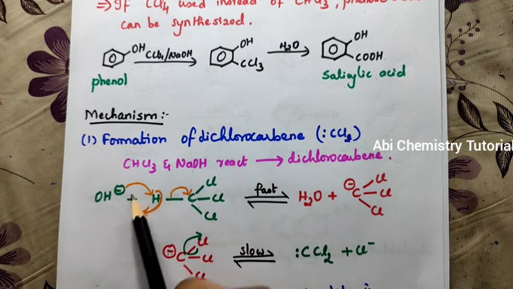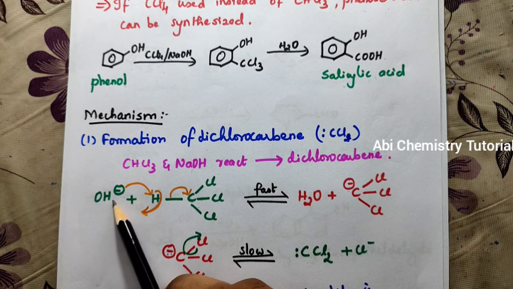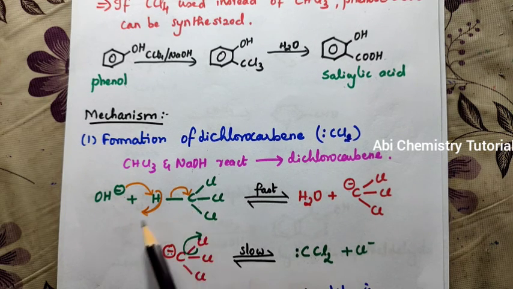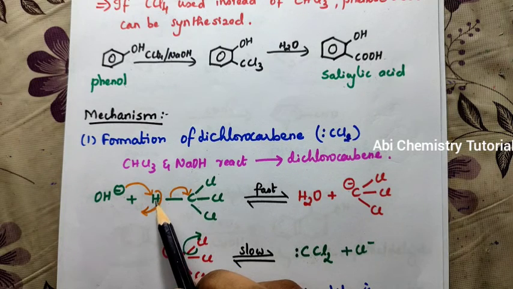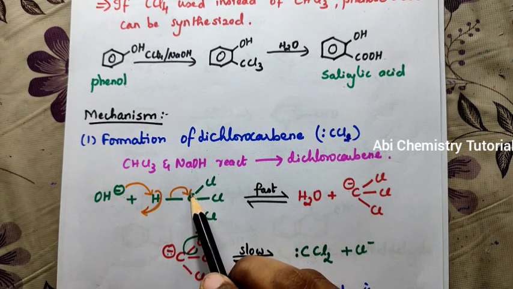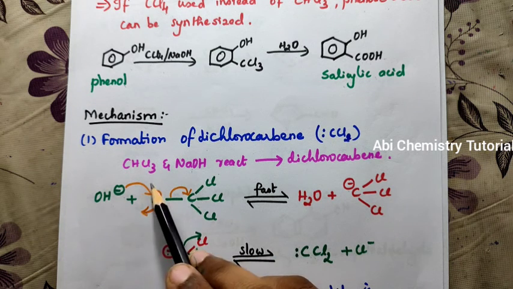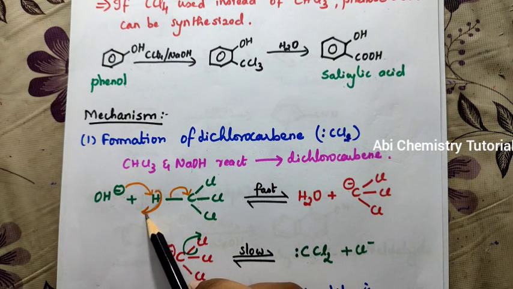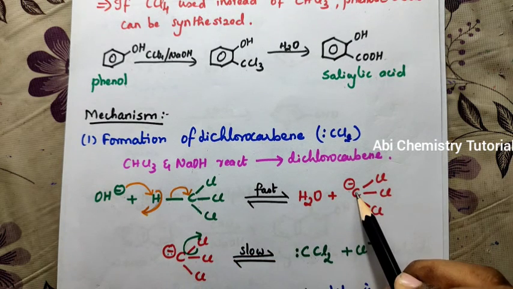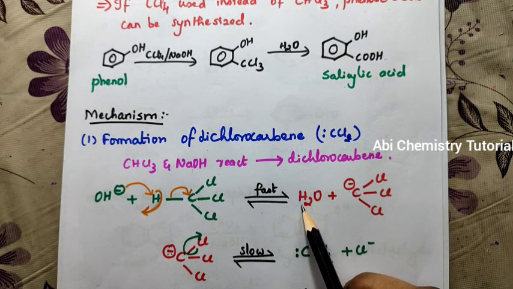Let's see how. The OH minus group from the base reacts with the chloroform. That is, the base abstracts the proton from chloroform so that you will get a carbanion. Here you can see OH minus abstracts this H plus and the bond shifts onto this carbon to form the carbanion, and this is the fast step.